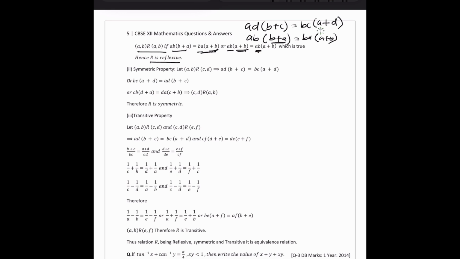Which is true, and hence this relation is a reflexive relation.